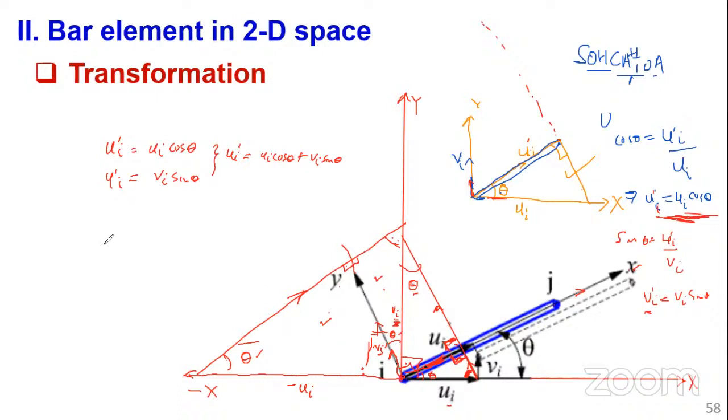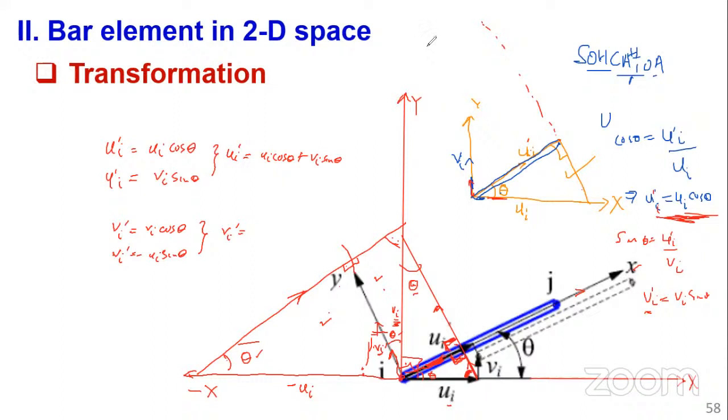In similar manner, you are going to get vi prime is equals to vi cos theta on one axis, and vi prime is equals to minus ui sin theta on the horizontal. And when you match these two, you're going to get, no, we need to correct that.